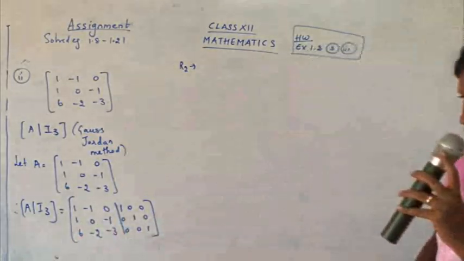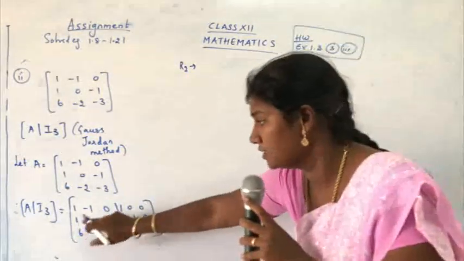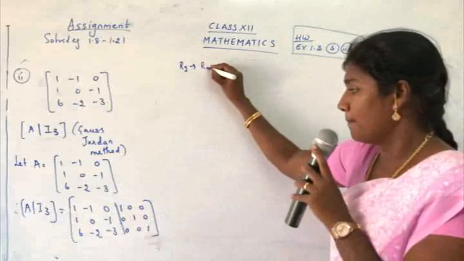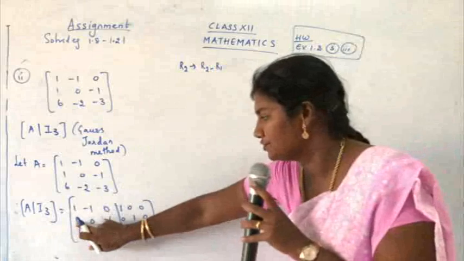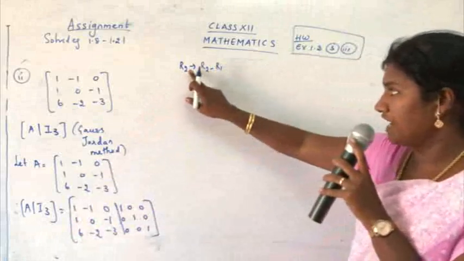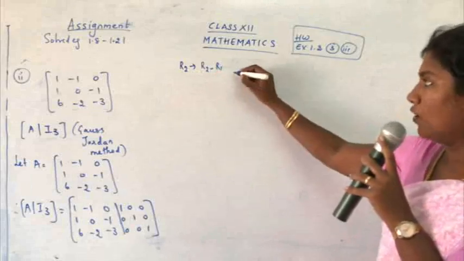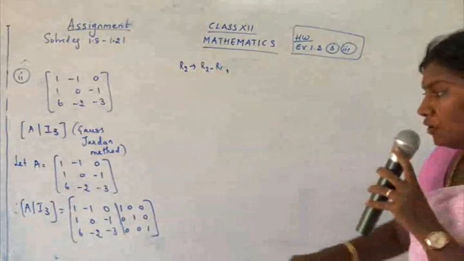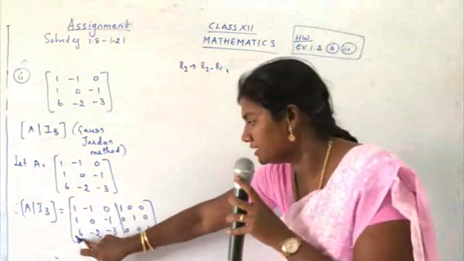So let's see the conversion, children. R2 is changed as, this is 1, yes? So R2 minus R1. It is 1 minus 1 gives you 0. So R2 changes to R2 minus R1. Okay, now let's go for the third row. When we see the third row, what is the first element here?